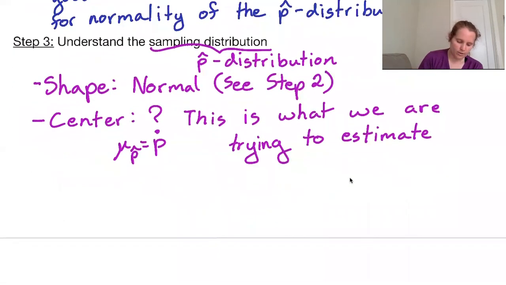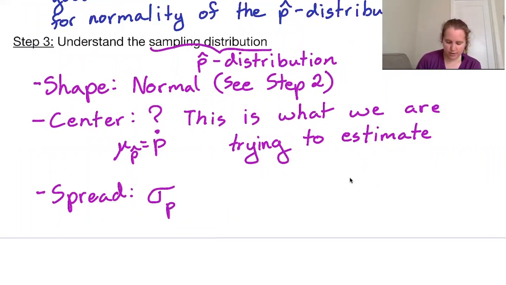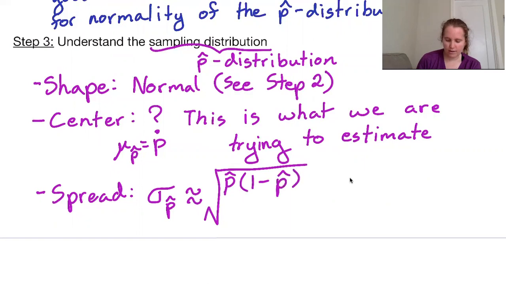And then for our spread, we can get a good approximation. Sigma sub p-hat is approximately the square root of p-hat times 1 minus p-hat over n.